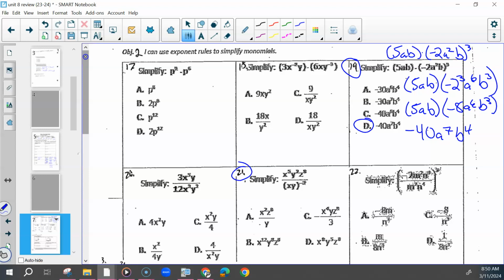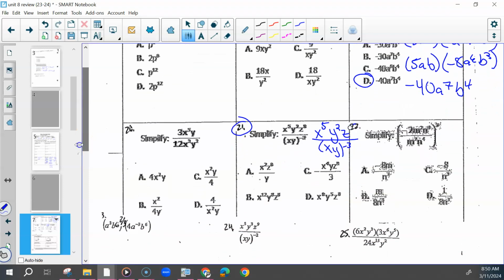Deal with the exponents in the denominator. Again, I'll rewrite it. So we have x to the 5th, y squared, z to the 8th over x to the negative 3, y to the negative 3.